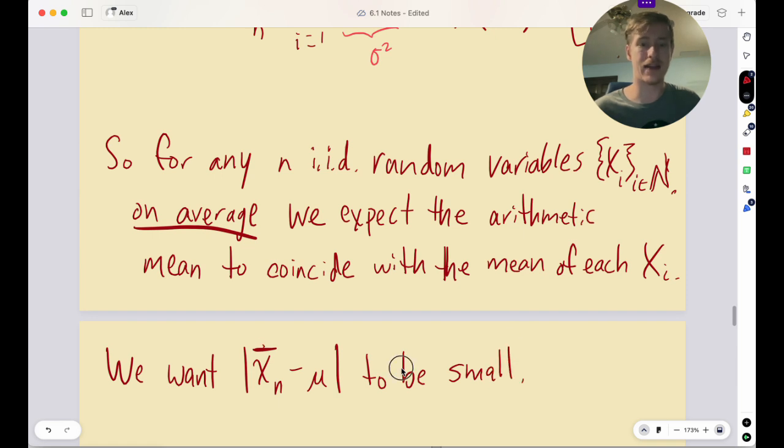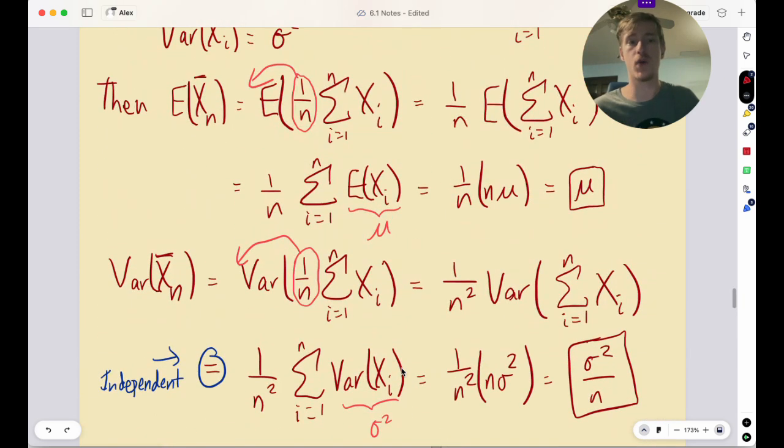Because that means that the sample mean is then going to converge to the population mean. This is called the population mean. But again, this calculation right here, although it's impressive, does not guarantee that whatsoever.